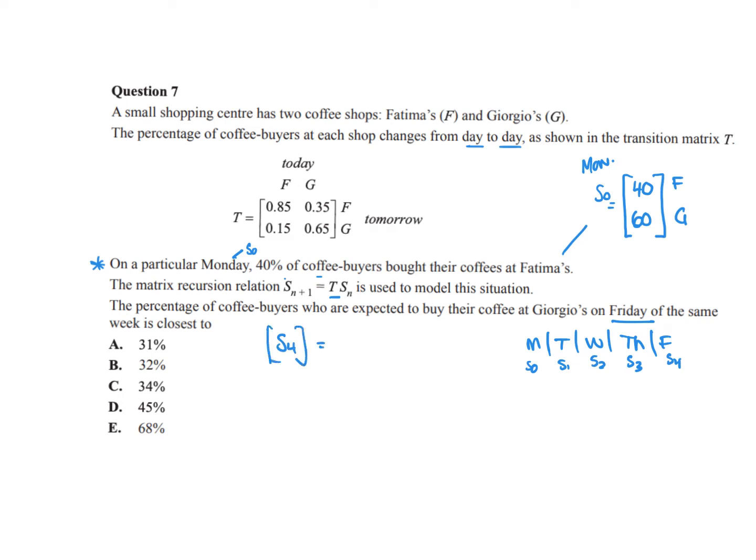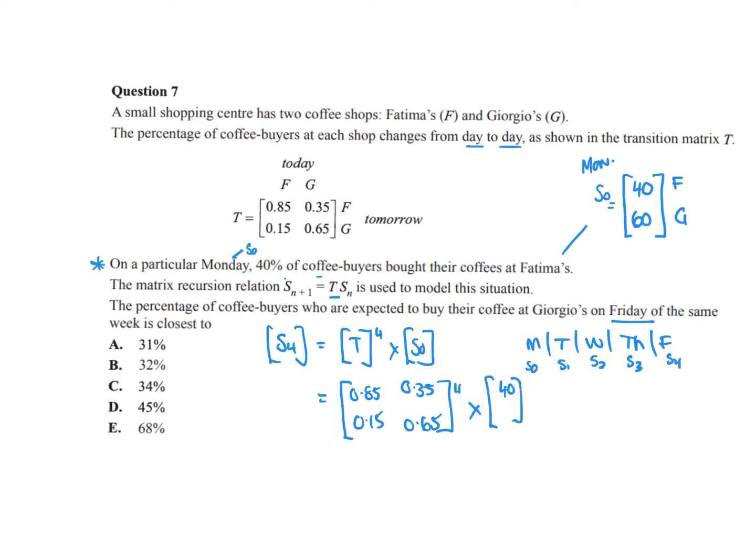So I'm going to use the nth term formula, S to the power of 4 times S0. So into the calculator, I'd be putting this transition, raising it to the power of 4 and multiplying it by my initial state, which was 40% and 60%. I left it as a whole number because it's written as a whole percentage.